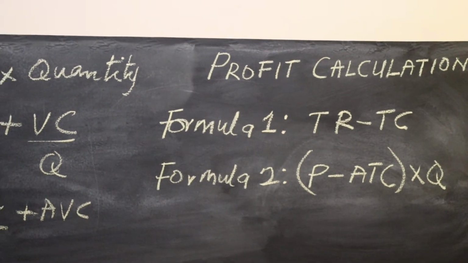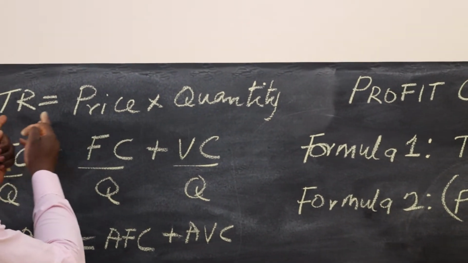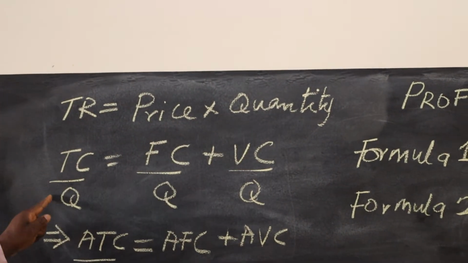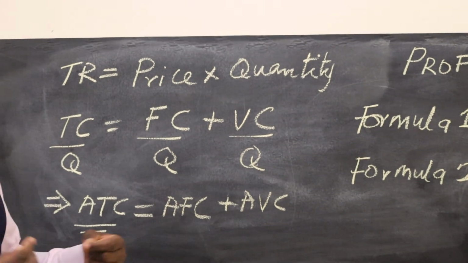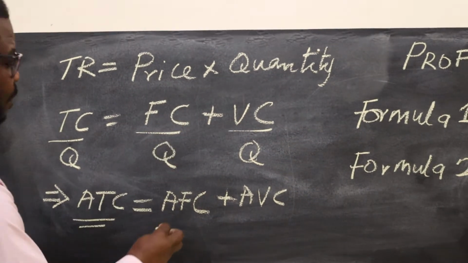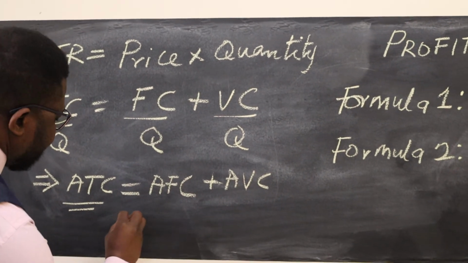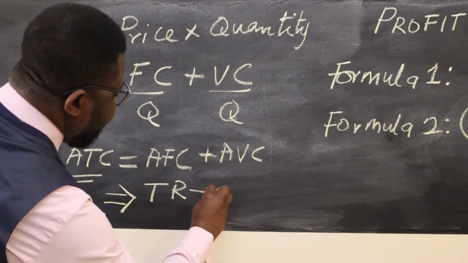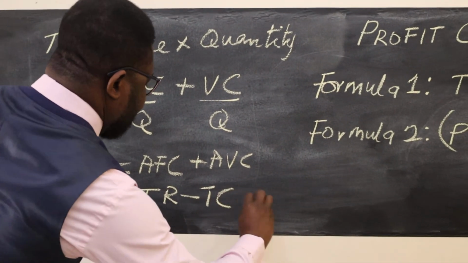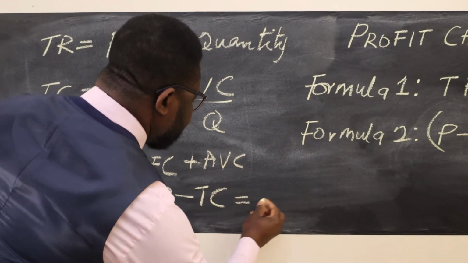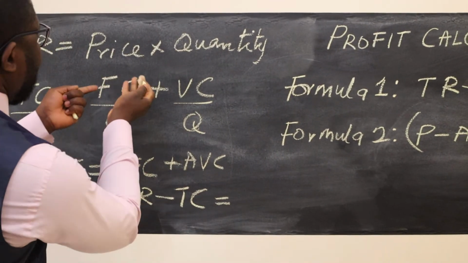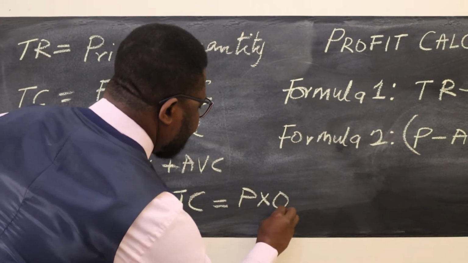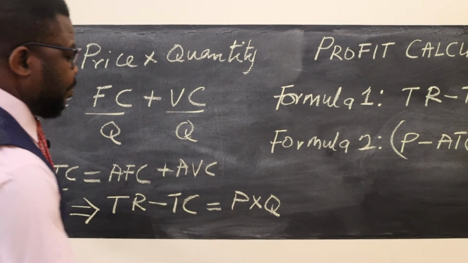What you have here, total revenue, we broke it down into price times quantity. Total cost, we broke it down into ATC. I can put them together. So if we think that total revenue minus total cost equals this here, price times quantity, P times Q, okay?